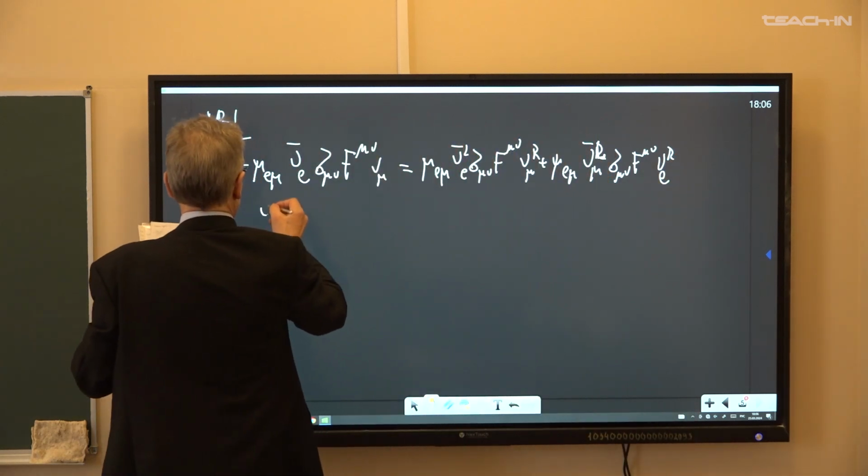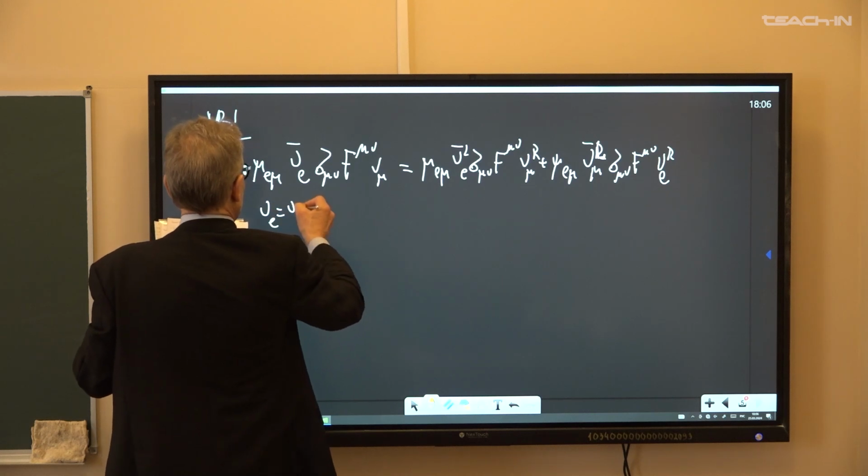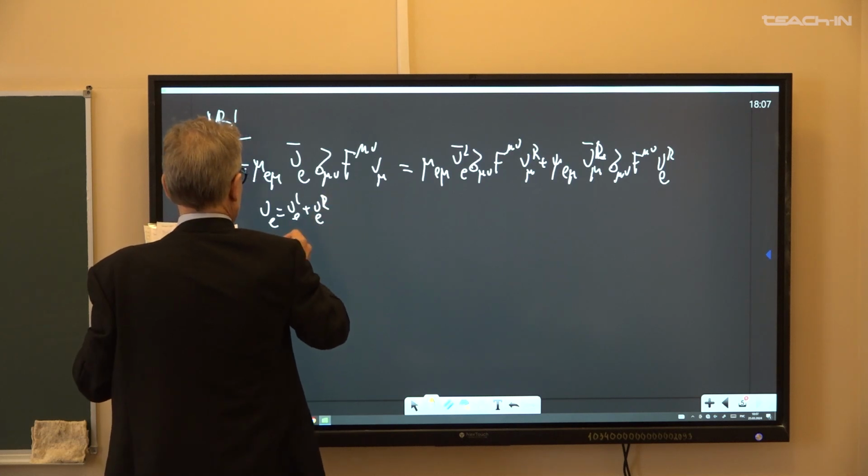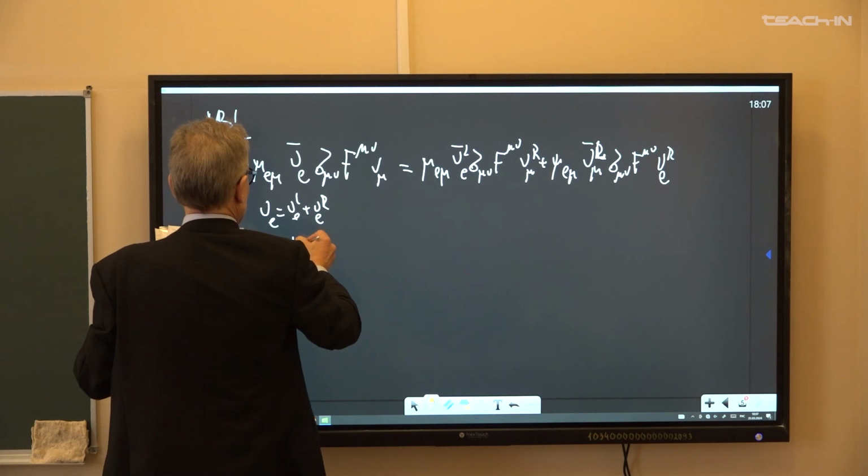And we suppose that the electron neutrino is a superposition of left and right-handed neutrinos, and the same is for the muon neutrino, yeah?